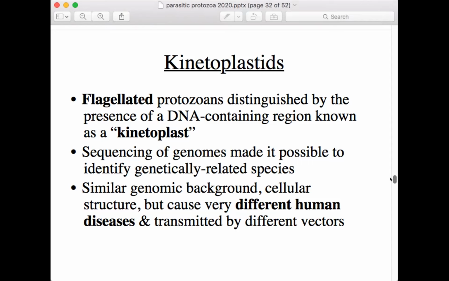Early on, we talked about vectors and their role in parasitology, as vehicles that can transmit parasitic organisms. These parasitic protozoa can be transmitted through arthropod vectors. So we're going to look today at some human diseases caused by these parasitic protozoans that are transmitted through the bite of one of these arthropod vectors.